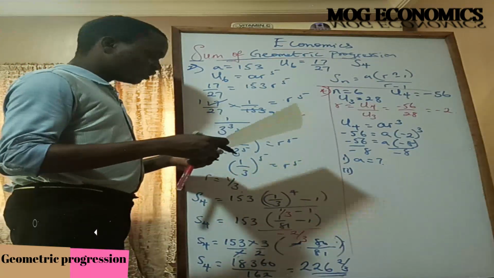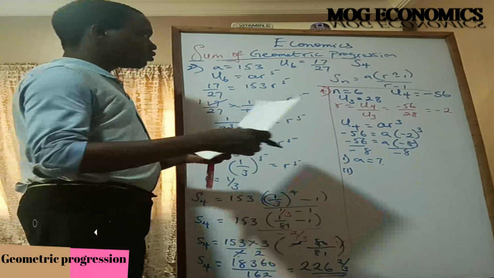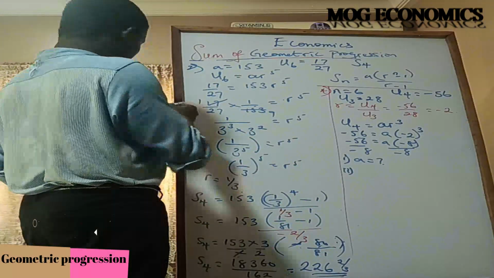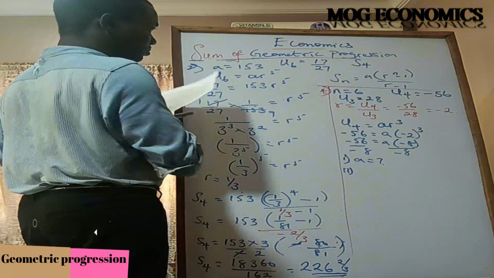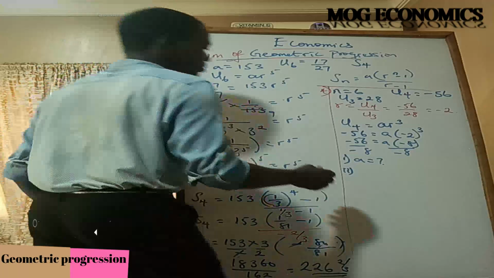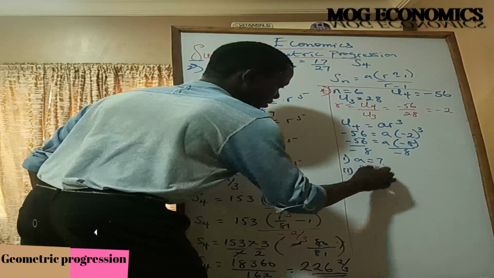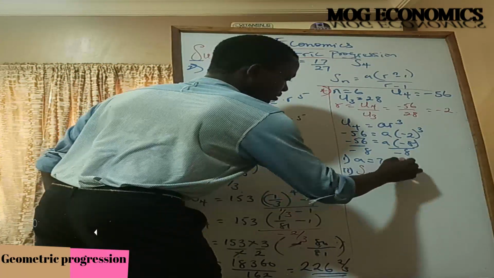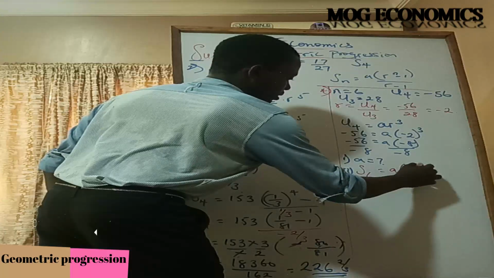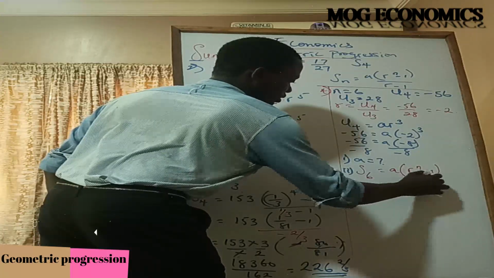So the next one says find the sum of the GP. Since there are 6 terms, S6 equals A times (R^n minus 1) over R minus 1.